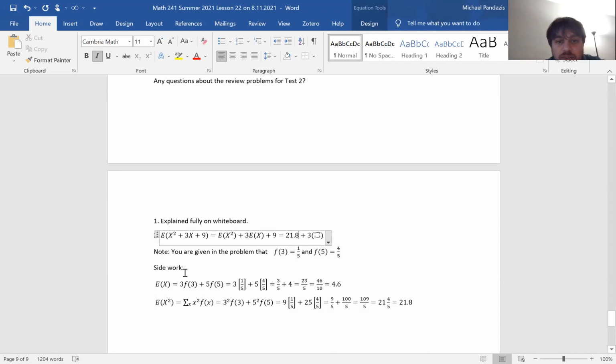So E of X squared is 21.8 plus 3 times E of X, which is 4.6, plus 9. Okay, and so 3 times 4.6 is 12 plus 3 times 0.6, 12 plus 1.8. That's 13.8 plus 9. Okay, so 12, 1.8, 13.8, good.